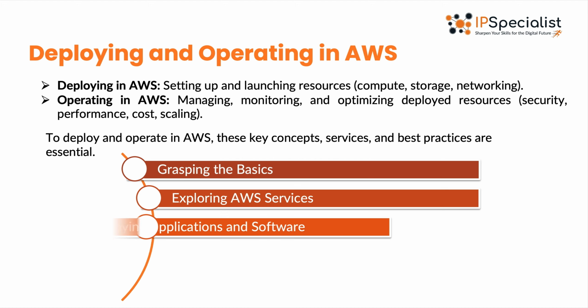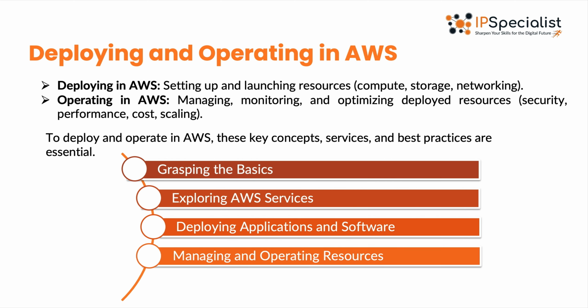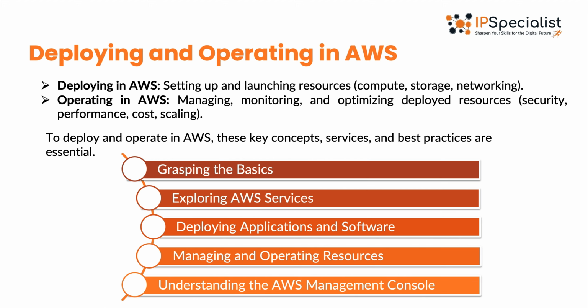After that, utilize your knowledge of AWS services to build and deploy your applications. Choose the right service for your deployment needs. And after deployment, focus on monitoring, testing, and securely managing your applications in the cloud environment. Then begin with mastering the AWS Management Console, the central hub for accessing and managing AWS services.